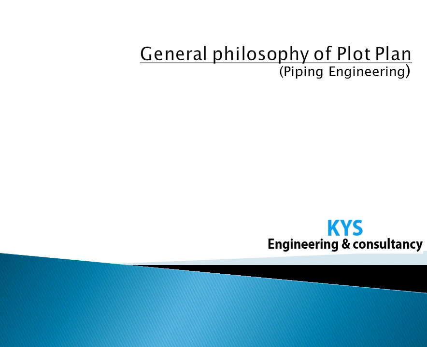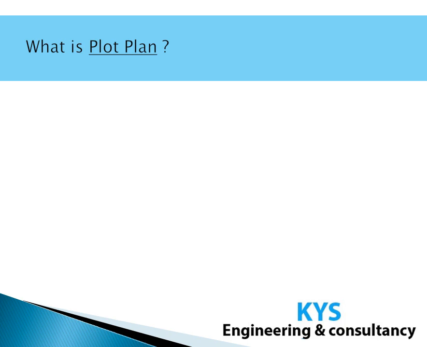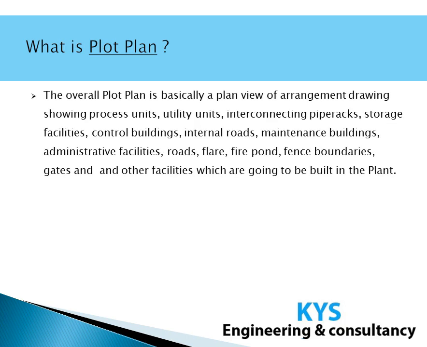This is a very important topic from the piping engineering point of view. So let's see what a plot plan is. If you define it in simple terms, we can say that the overall plot plan is basically a plan view arrangement drawing showing process units, utility units, interconnecting pipe racks among the facilities, storage facilities, control building, internal road, maintenance buildings, administrative facilities, roads, flare, fire pond, fence boundaries, entry and exit gates, and all other facilities which are going to be built in the plant.